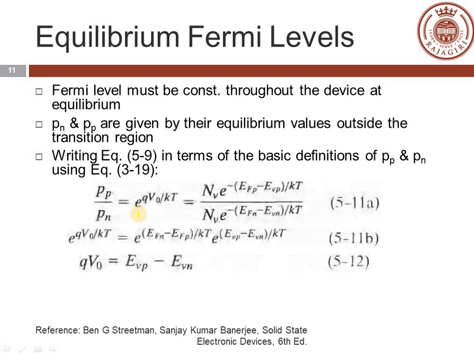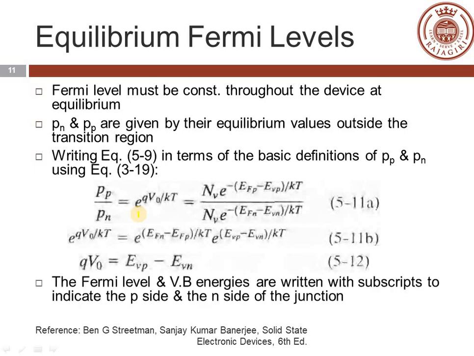That means we can prove that at equilibrium the p side valence band and the n side valence band are shifted by an amount qV0. Similarly, if you take the ratio of nn by np, you could prove that ECN minus ECP equal to qV0. So the Fermi level and band edge energies are written with subscripts to indicate the p side and n side of the junction.